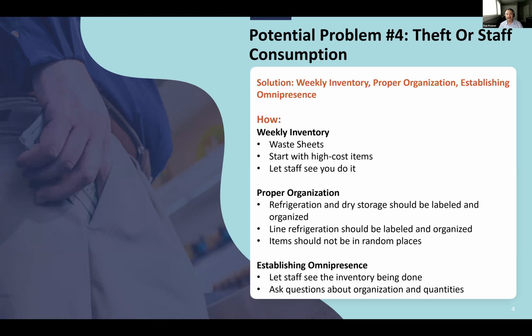We're missing 2 steaks. Did anything happen that didn't get on the waste sheet? Or where do you think those things might have gone? And, oh, chef, remember this was dish of the day this week, so we used the 2 for that. A lot of times there are great explanations, and you're not trying to catch people in a catch-22, but what you're trying to do is let them know that you know.